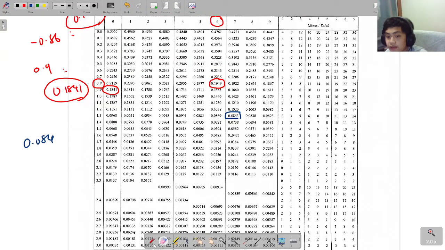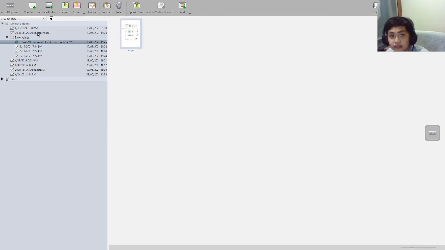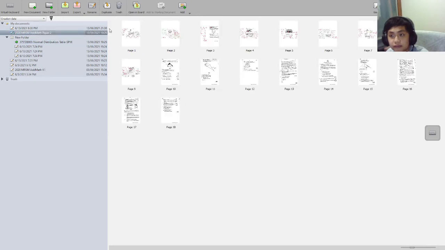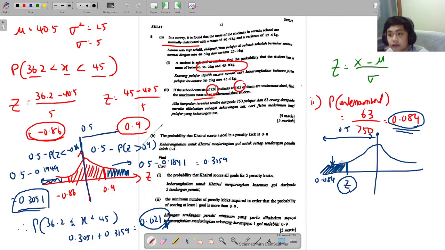So in order to get the value here, 0.084, I need to minus basically 13 at the back. So there is a value of 13 here. The z-score that corresponds to this is basically 1.378. That's the score I'm going to use. So the z-score here is 1.378, right?